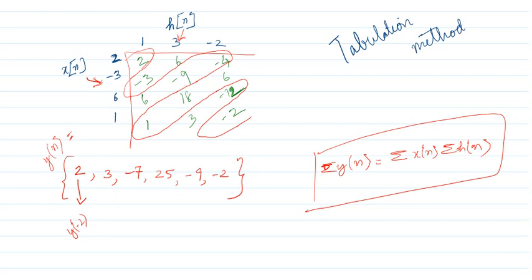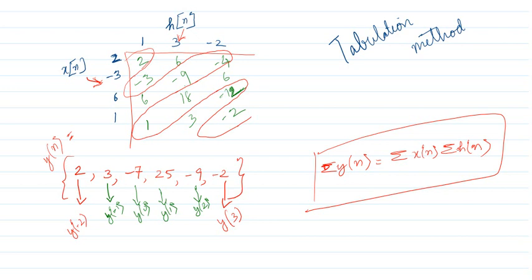Here this is x of 0, x of 1, x of 2, and here h of 0, h of 1. So here it is 2, here it is 1, so this is y of 2 plus 1, which is 3. Now I can fill in the other values: y of minus 1, y of 0, y of 1, y of 2, which is the same answer we obtained using the first technique and the train and platform second technique. So the tabulation method is very simple.